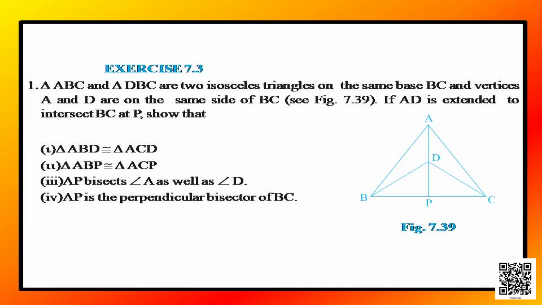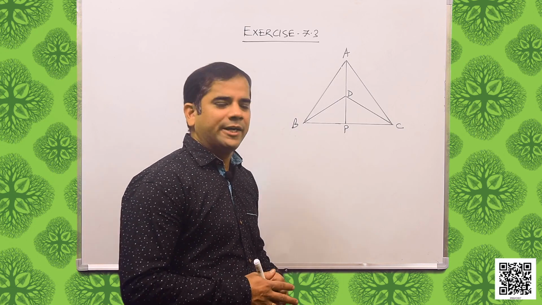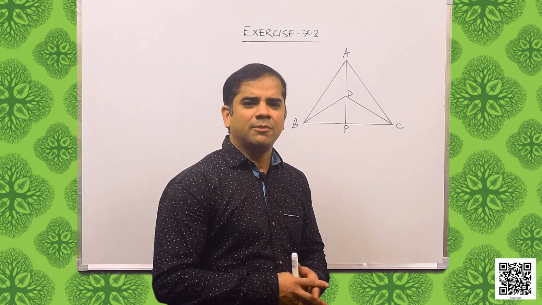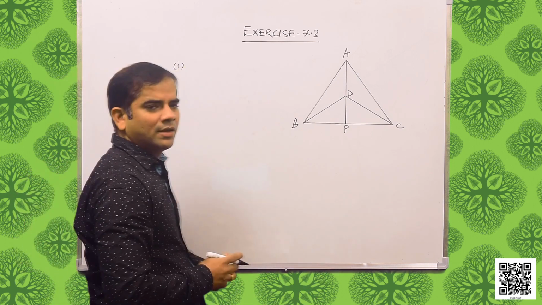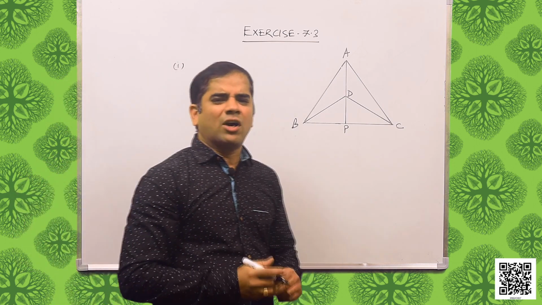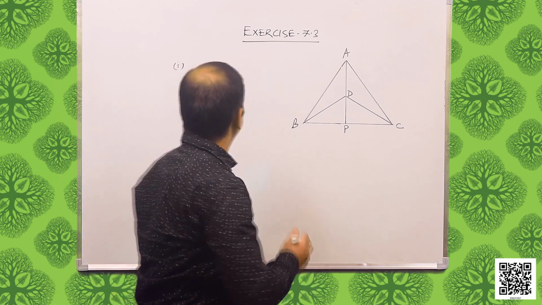So, let me draw the diagram first, then we will go for the solution. Okay? So, students, as it is given in your book, I have drawn the same diagram over here. Now, let us discuss the solution. Part 1. Okay? Let us now consider triangle ABD and triangle ACD.